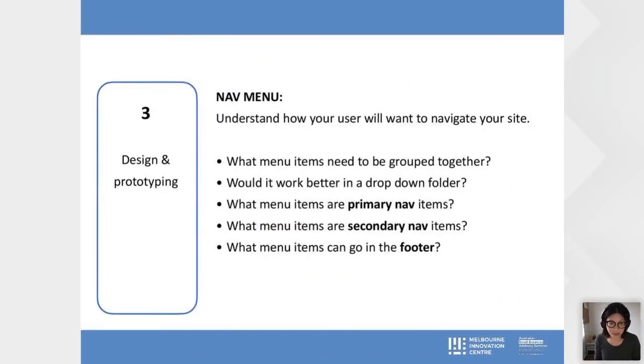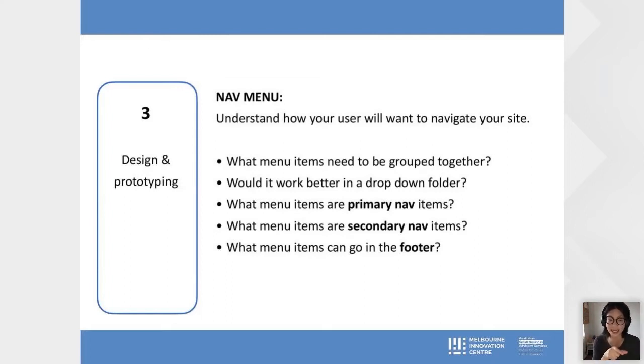So the nav menu is about understanding how your user will want to navigate your site. These are some of the prompts to consider when designing your navigation bar. This is the bar up the top. Sometimes there's also a hamburger icon, which you click and it becomes a slide menu.